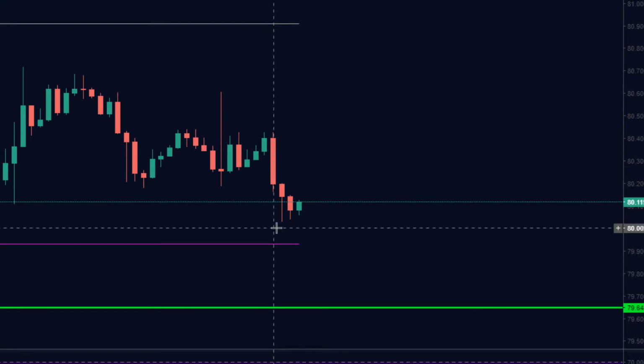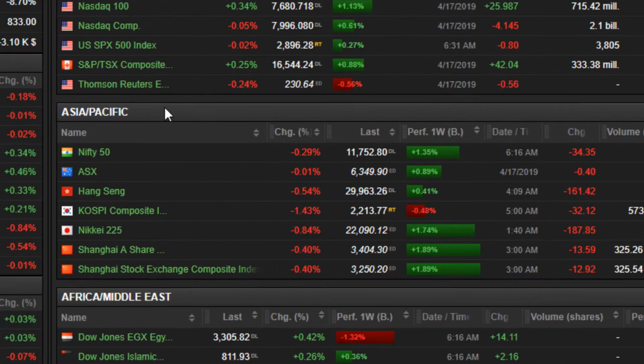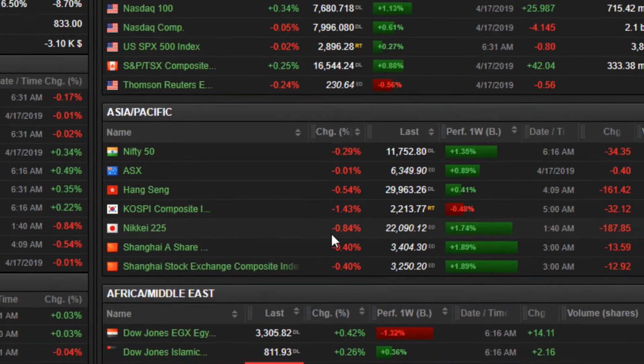And again, like I said in the first video, every time you look at the Asia stocks and you look at the Nikkei 225, and it's going down, more than likely the yen is going to be strengthening. So that's one tool that you can keep in your toolbox.